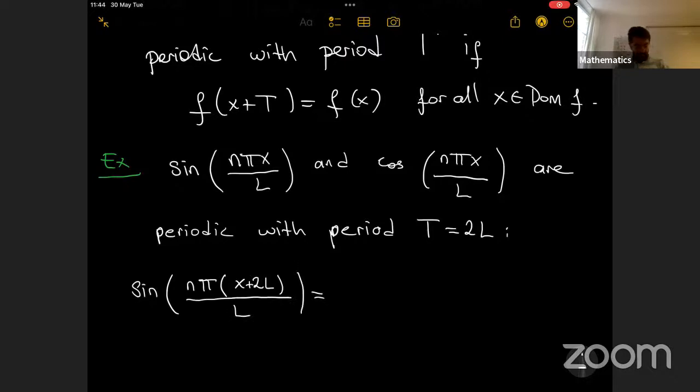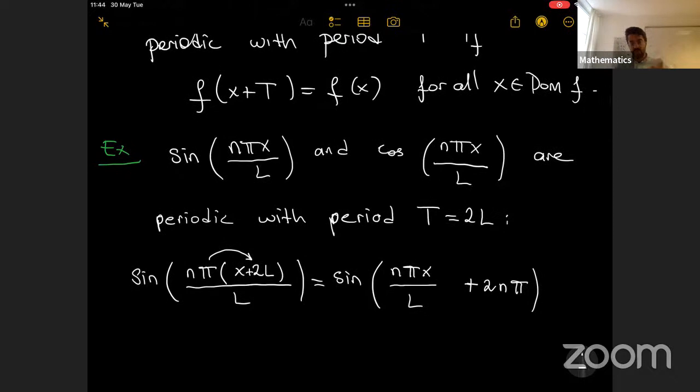It's nothing but sine n pi x over L plus, you multiply this with 2L over L, so it's going to be 2n pi. And of course, 2n pi will not change anything because sine is already periodic by 2 pi, so it is sine n pi x over L.